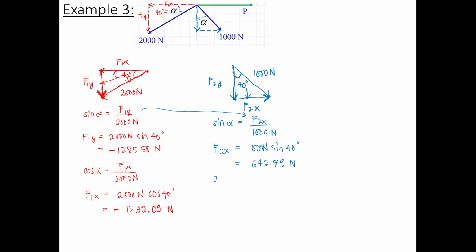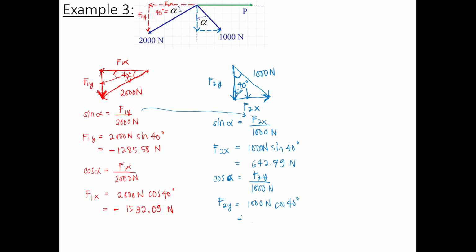Okay, so the other trig function is the cosine alpha. So that will be the adjacent side of the angle. This time the adjacent side is the vertical component, so F2y all over 1000 Newton. So F2y is equivalent to 1000 newtons cosine 40 degrees.